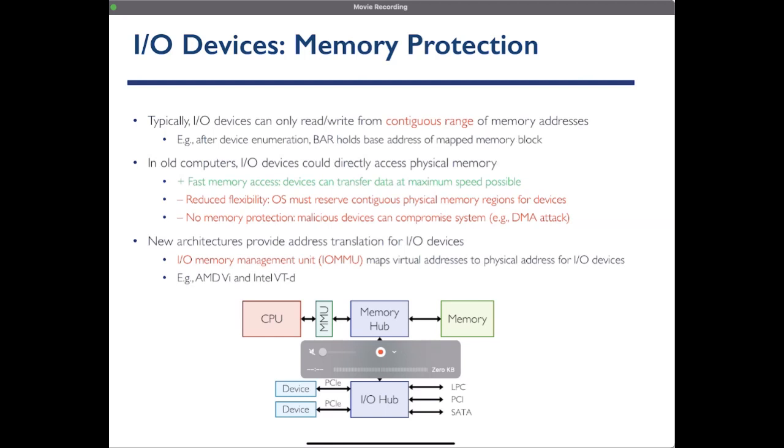Now, again, historically and in past designs, your I/O could directly talk to memory using these physical addresses. And again, this is easy to implement. There is no need for any address translation.